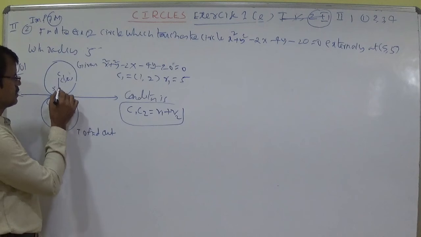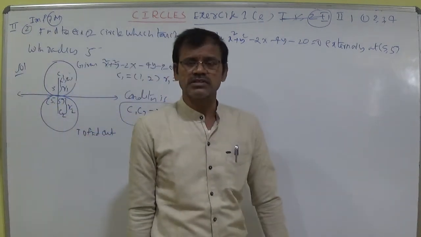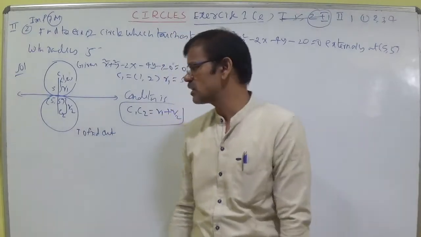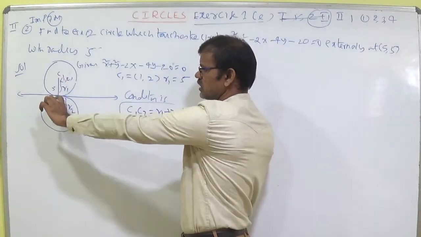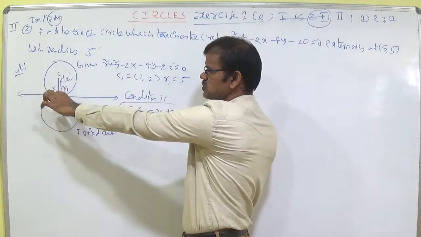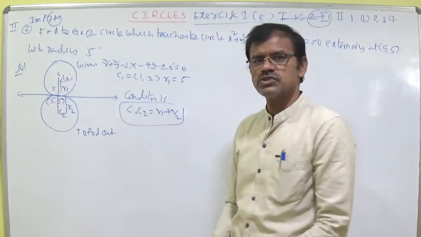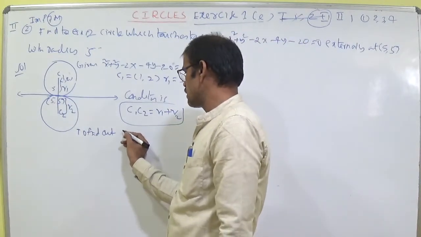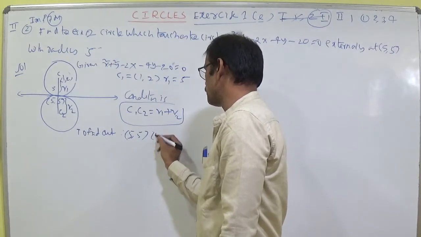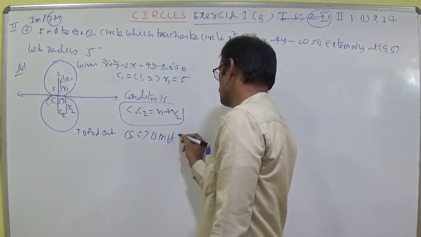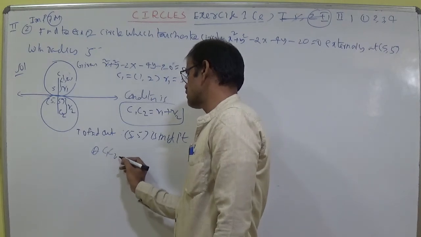So whenever C1C2 is equal to R1 plus R2, we can say that the point of contact is the midpoint, because 5 comma 5 divides C1C2 into two equal parts. Therefore, 5 comma 5 is the midpoint of C1C2.